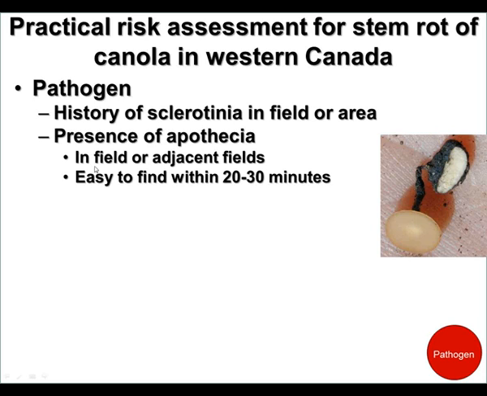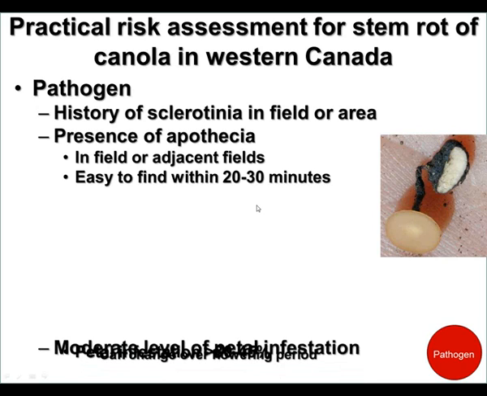Do you find apothecia in the fields? And you can look in the field itself, and it's also important to look in adjacent fields. Are they easy to find within 20 to 30 minutes? If you can find them easily, to me that sends a signal that there's an elevated risk of Sclerotinia. If you're in there for 1 or 2 hours, it doesn't mean that there's no risk, but certainly the risk is probably lower.